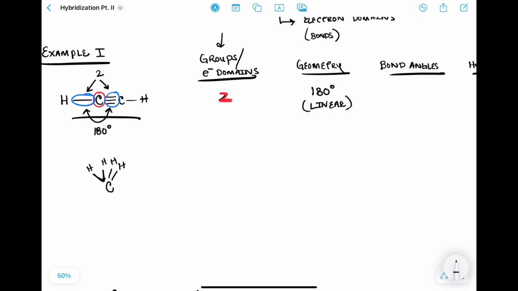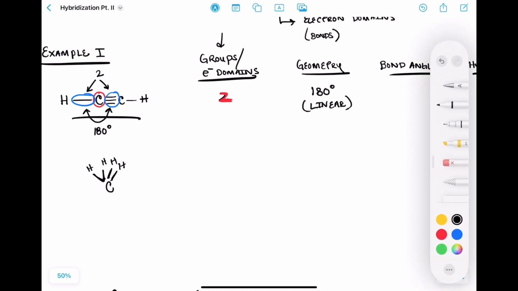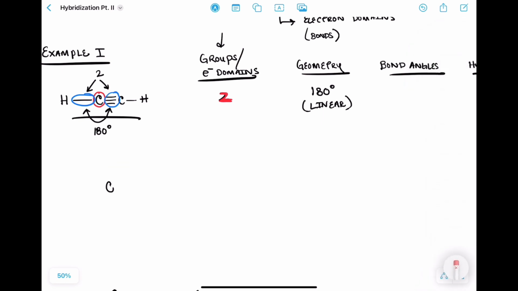Because we're bringing the electron density unnecessarily close, creating an unfavorable interaction. Instead, we create as far of a distance as possible from each other, and we end up getting something that has 109.5 degrees of separation between each of these atoms.